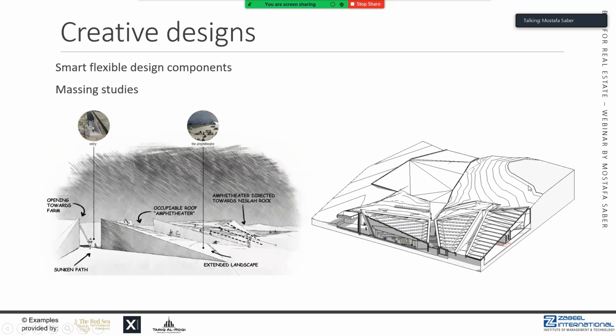We can also use the power of BIM for creative designs. At the left side, you can see a sketch that we created for this building. The building is mostly underground. Part of it is above, which is the stage where people will sit to watch folklore, theater, and performers.